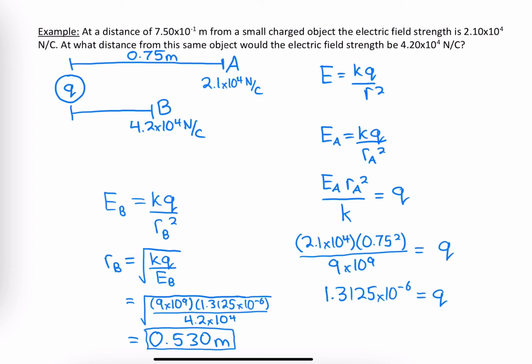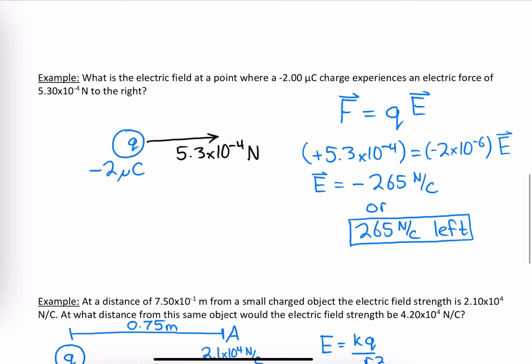One last thing I want to point out before we go is in this question, we didn't really use any positive or negative signs. We just used this formula with the magnitude of the charge and the magnitude of the electric field. Whereas up here, positives and negatives were really important. We had a negative in our answer.